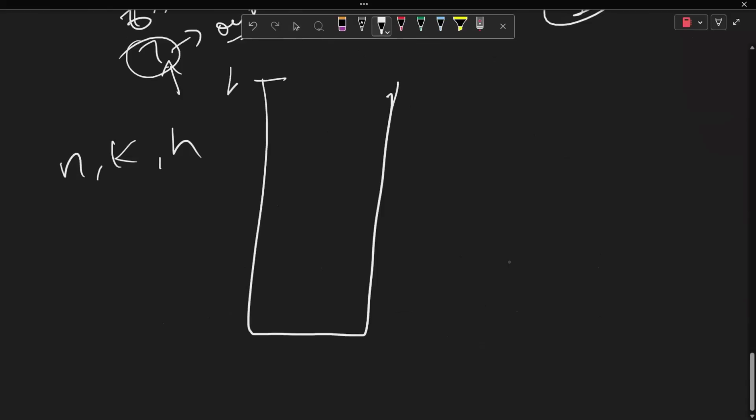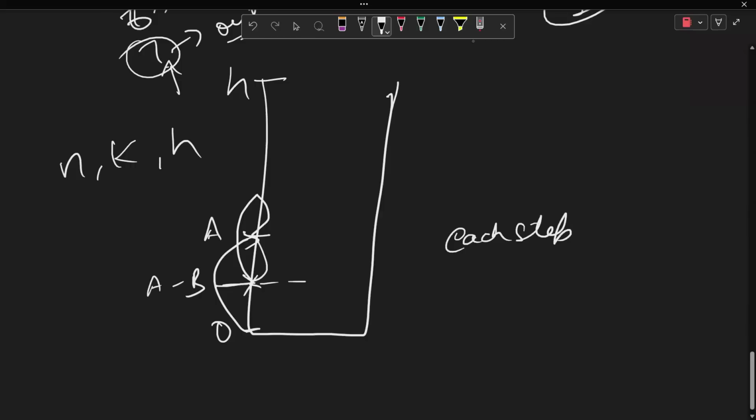If you have a well of height h, then from 0, you would jump to A and then fall to A minus B. This point would be A minus B. Then again plus A minus B. So each step you would do an increment of A minus B. If an increment of A would not take you out of the well, then you would do A minus B. If it takes you out of the well, you would just do plus A. So when would it take you out of the well?